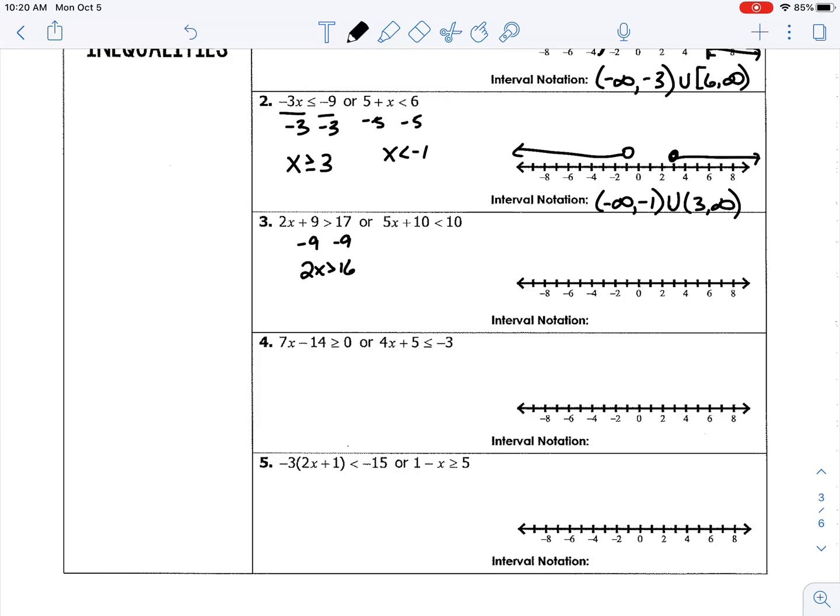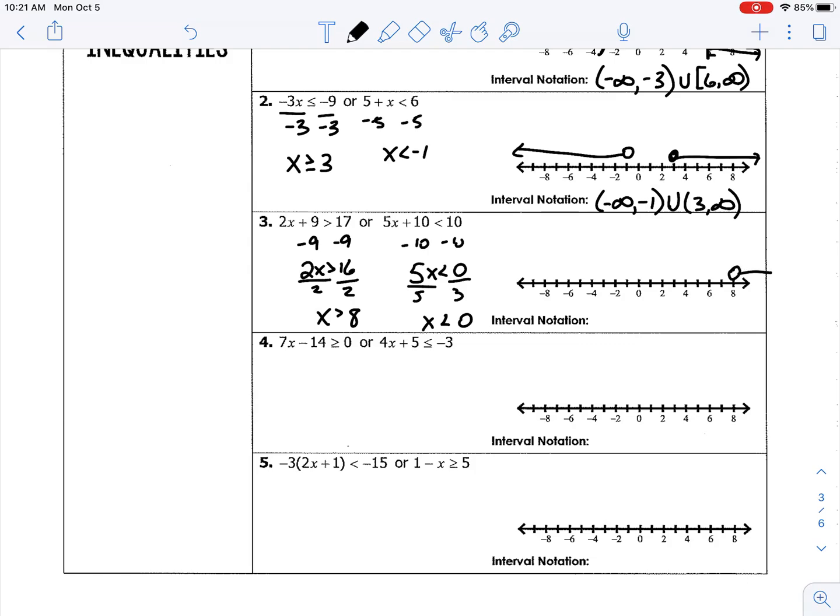Now we're just getting to multiple step problems. 17 minus 9 is 16. We're going to divide that 2 out of there and find out that x is greater than 8. We'll subtract the 10, divide the 5, and find out that x is less than 0. Both of these are open circles.